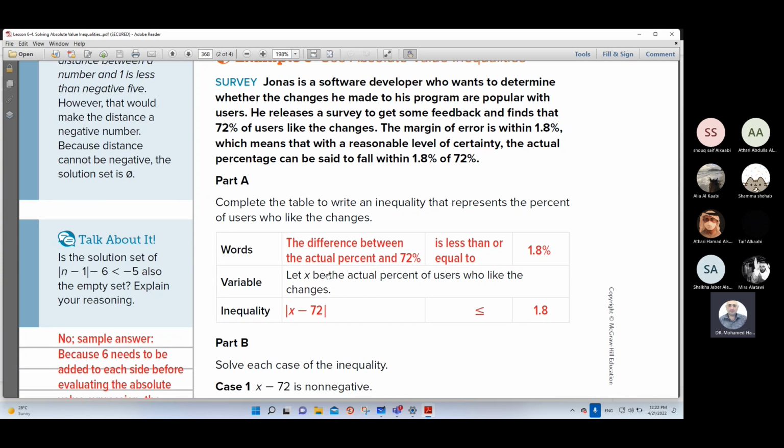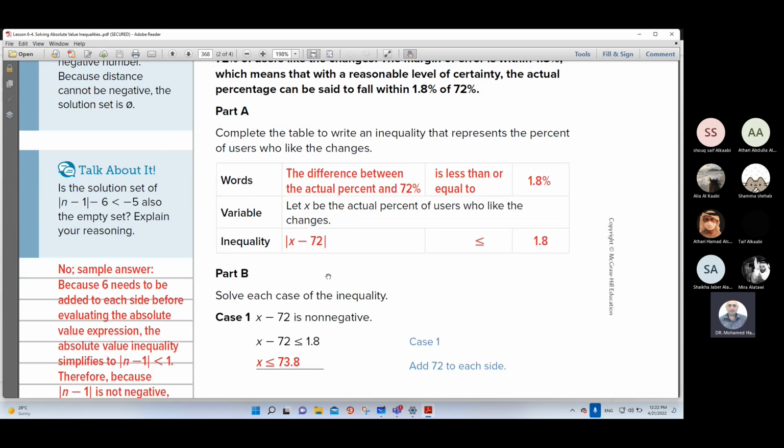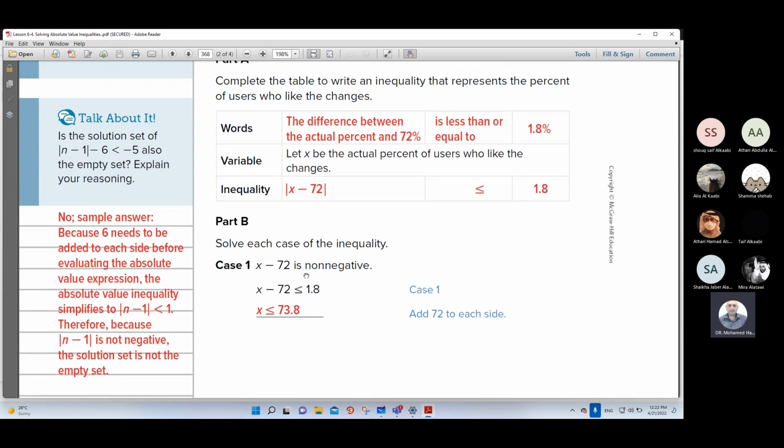Now, after we wrote the inequality, we want to solve it. As you see, this inequality includes absolute value and includes less than. So to solve this inequality, we have two cases.